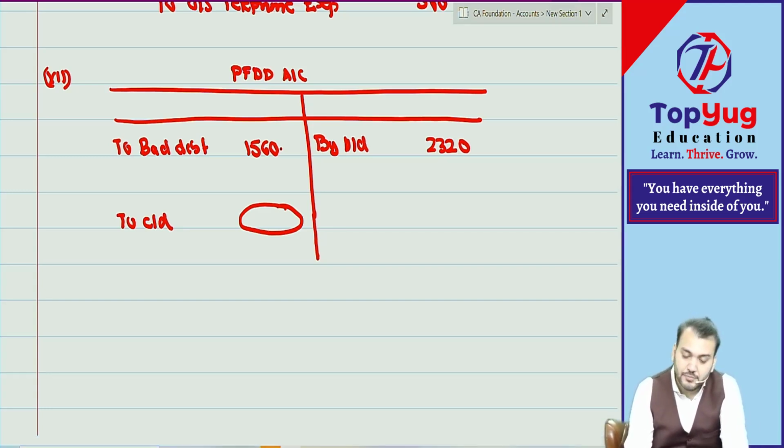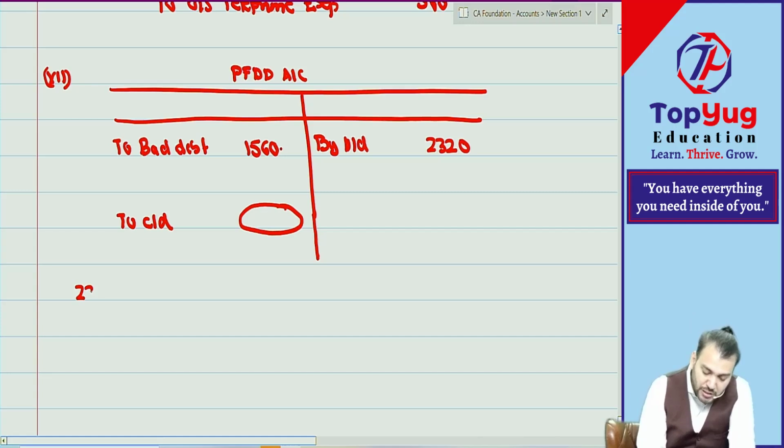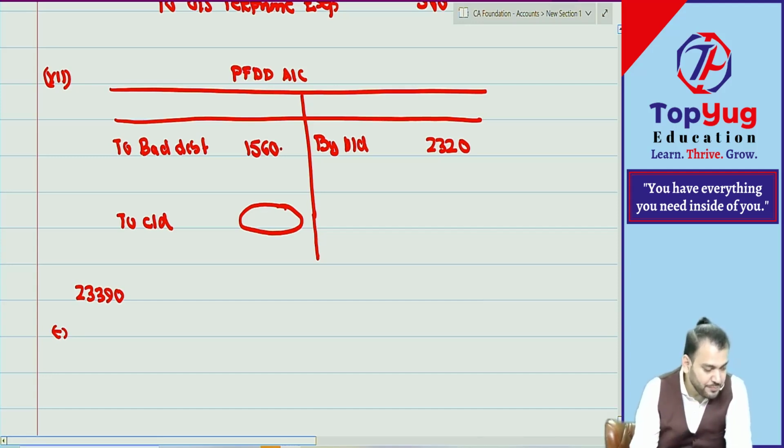So it will be 23,390 minus what? Bad debt, 1,560. What amount is coming? 21,830.